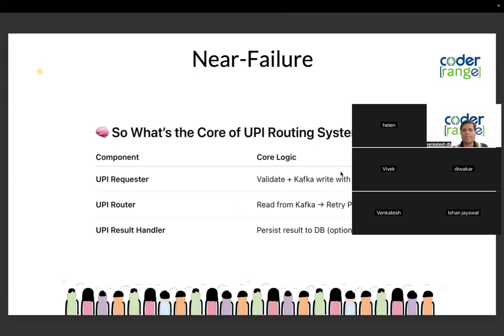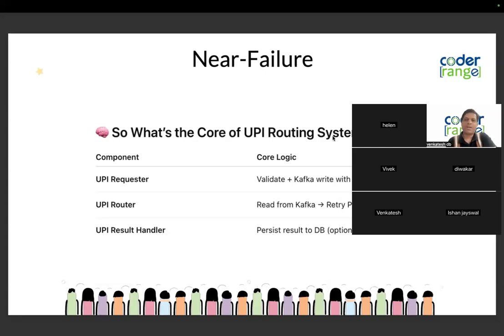So in real time, if you have worked at the production level, or in any kind of business logic in any real-time system design, you will have one core business layer or core domain layer. This is very important, because in Paytm's case, the core layer is the routing system.